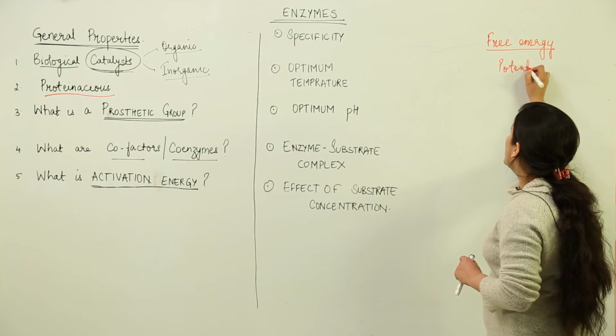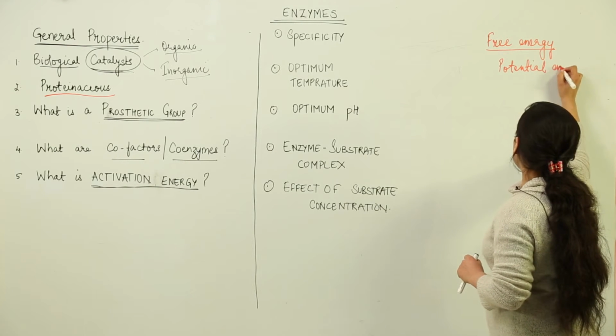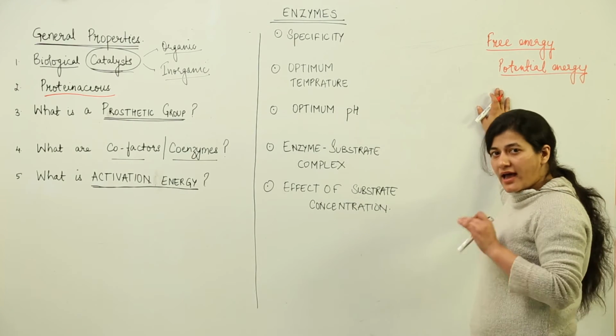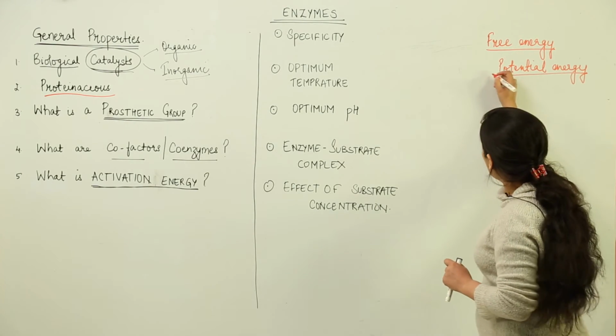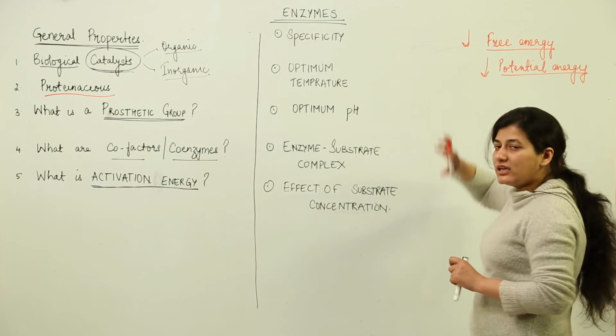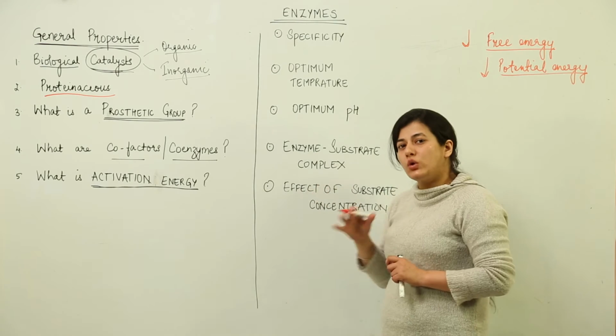Okay. Now, according to thermodynamics, every compound has an inherent capacity to lower its potential energy or its free energy. That means a thing is stable if it has a lower free energy.